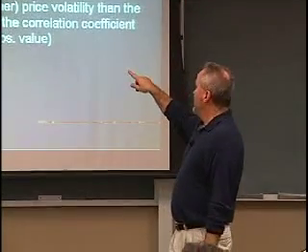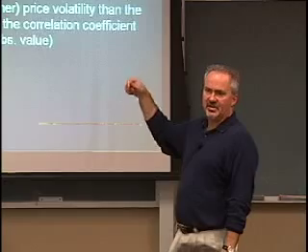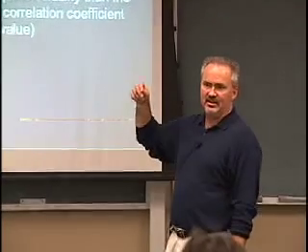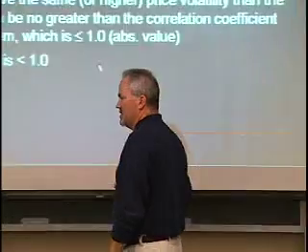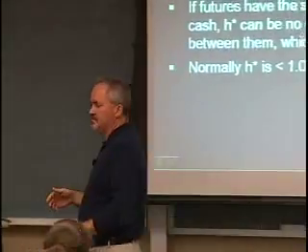understanding of the optimal hedge, because let's suppose cash and futures move in tandem fashion. So if cash goes up 1%, futures goes up 1%, they move together, so the correlation coefficient is going to be 1, right? And the standard deviation of cash will equal the standard deviation of futures. If they move exactly together, the correlation coefficient is 1, then the optimal hedge is 1, because there's no basis risk.